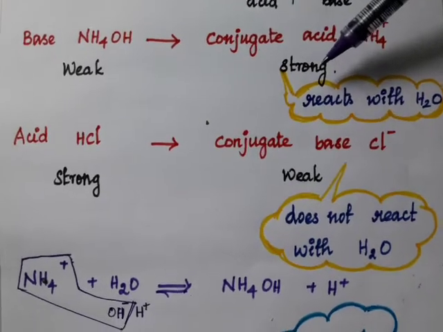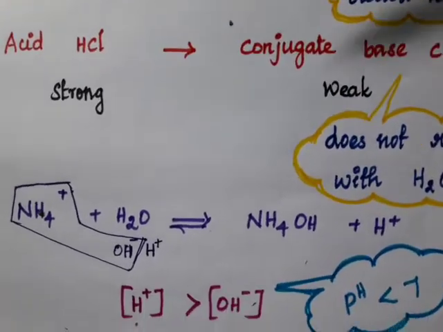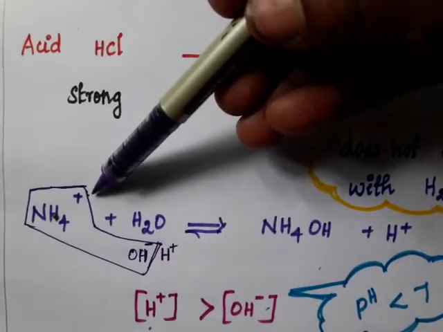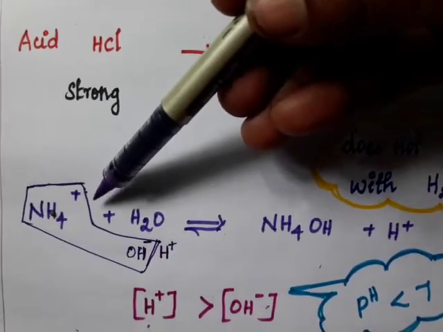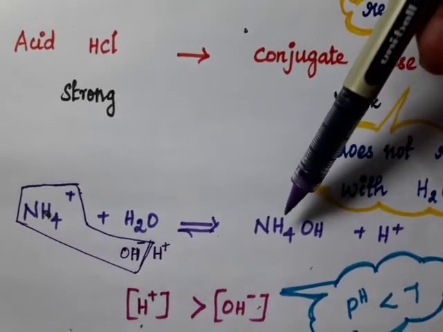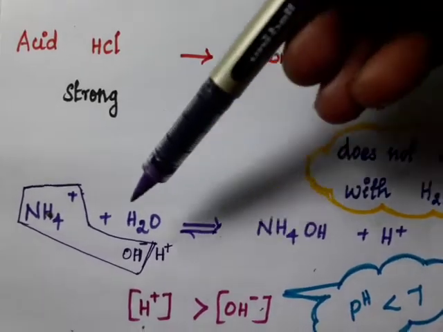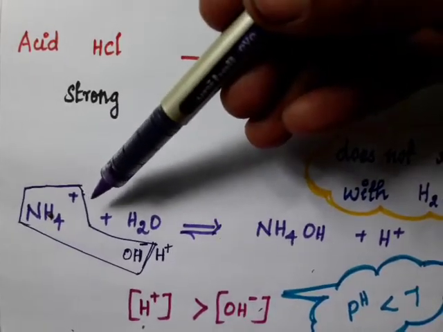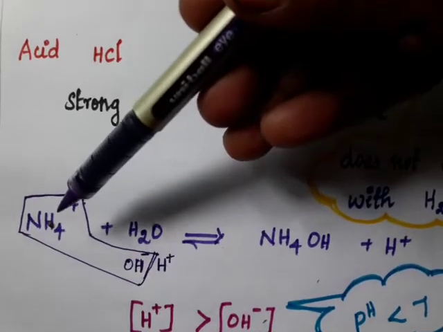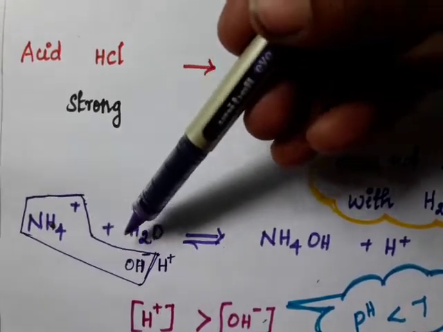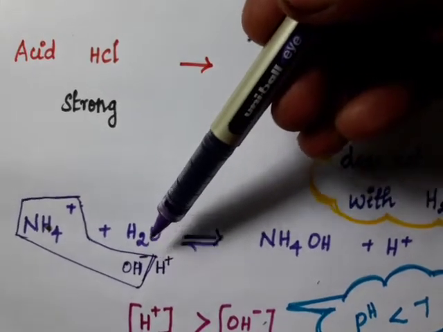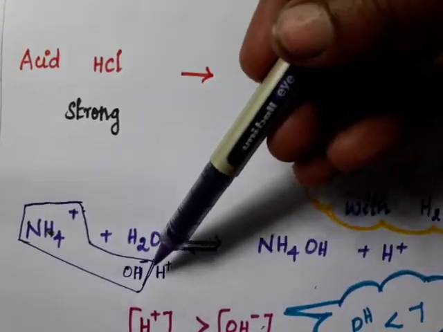Which means we are going to see salt hydrolysis. As we said, the strong conjugate acid NH4 plus reacts with water and gives the base again, which means the positive ion takes the negative ion from water. So NH4 plus takes OH minus from water, so it leaves H plus.